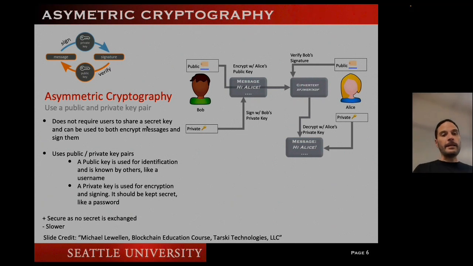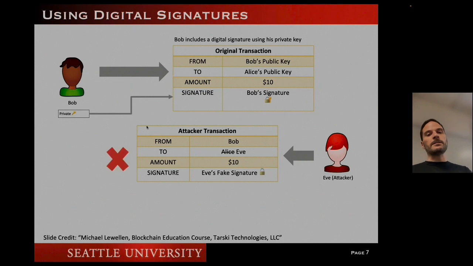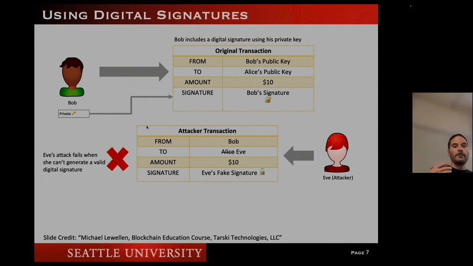So that's asymmetric cryptography. And so if we're thinking about it in the context of a blockchain, you have essentially a transaction. Bob wants to send 10 ETH to Alice. And basically the from and to is the public key of Bob and Alice.